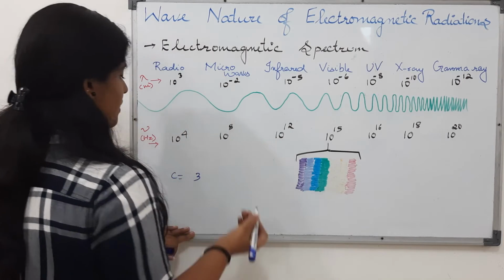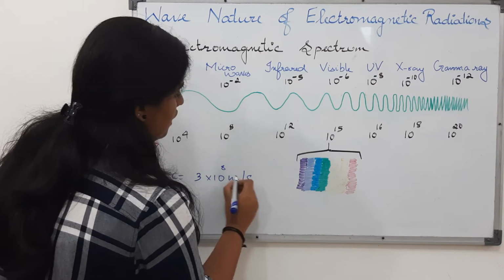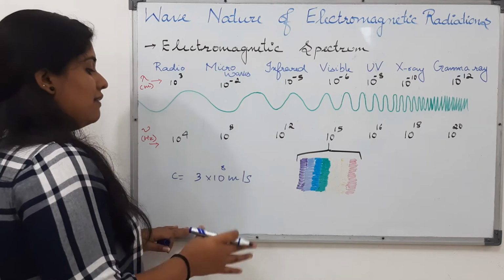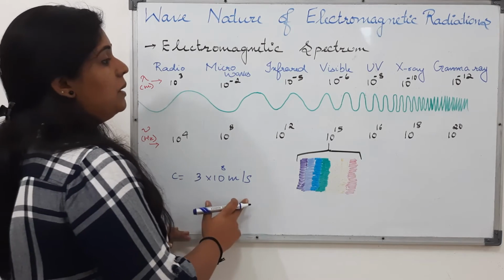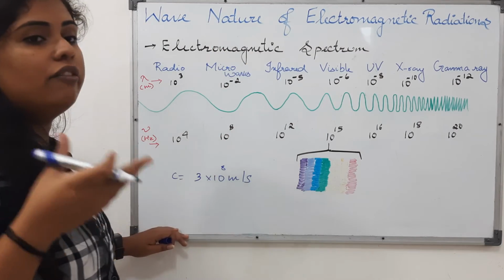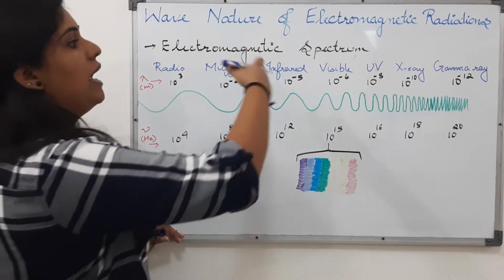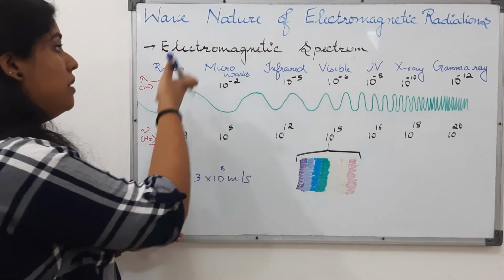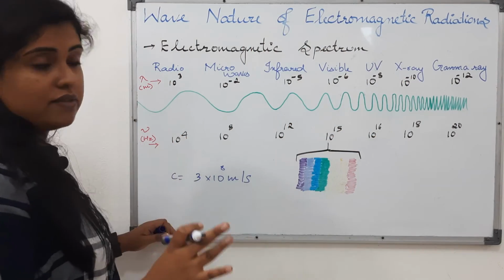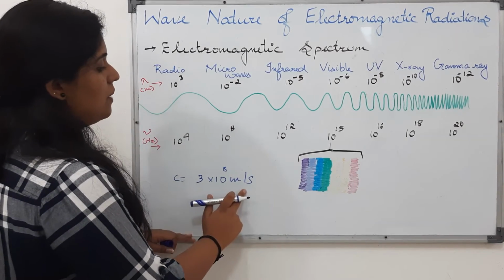So if the speed is represented by c, it is 3 into 10 power 8 meter per second for an electromagnetic radiation in vacuum, irrespective of what wavelength or frequency the wave has. Let it be any part of the spectrum, the radio waves region or the gamma rays region, still all electromagnetic radiations in vacuum travel with the same speed of 3 into 10 power 8 meter per second.